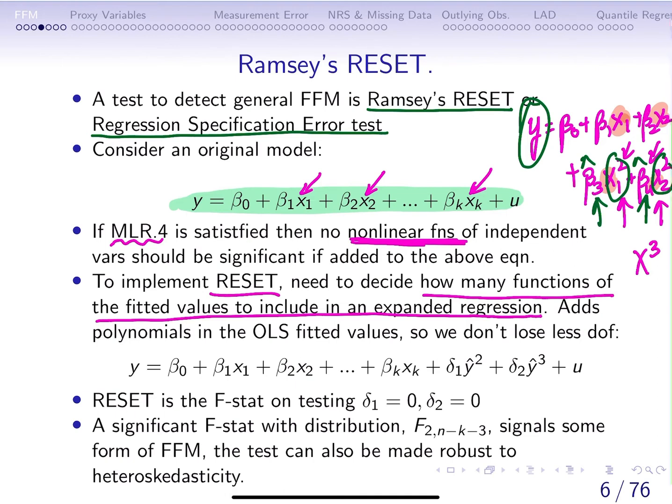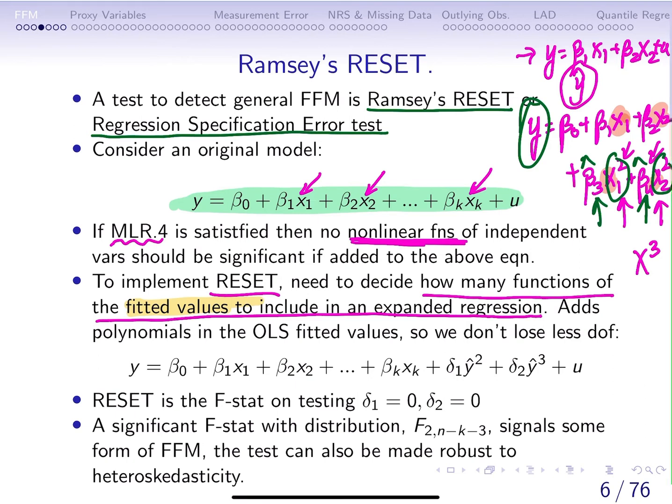What we usually do is take this simple model where x1 and x2 appear in levels. We're not taking quadratics. We estimate this model and we get the fitted values, y hat.